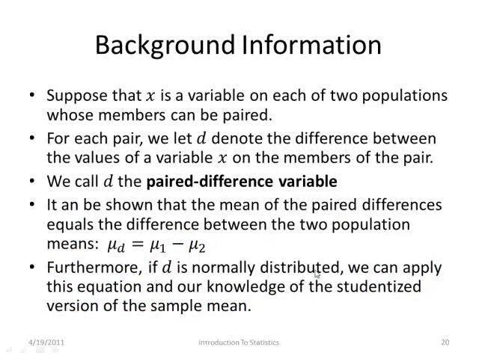Furthermore, if D is normally distributed, we can apply this equation and our knowledge of the studentized version of the sample mean. So again, the idea is that we have a small sample, we have the differences.